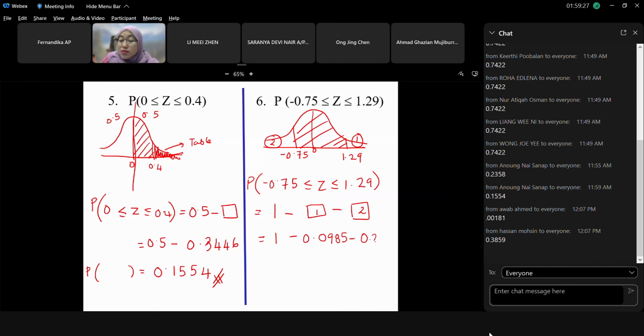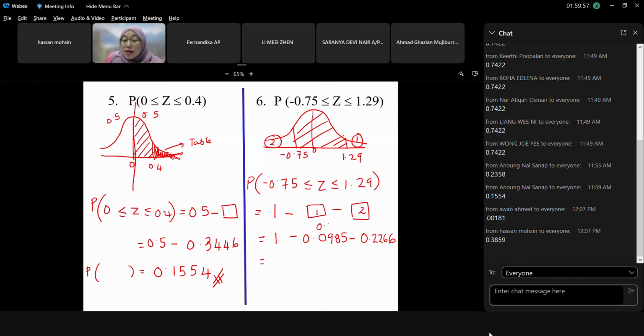0.2266. Okay, right? So can somebody calculate the whole thing for me, 1 minus all these two numbers? Who is that? Yes, the first one is 0.3859.